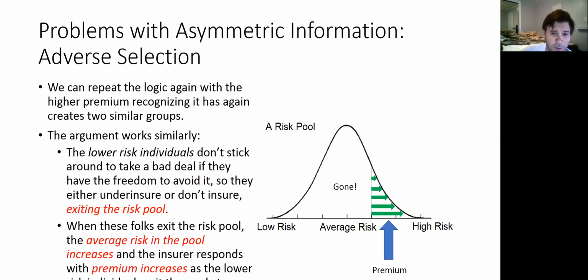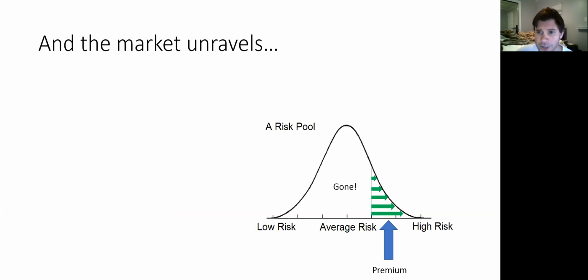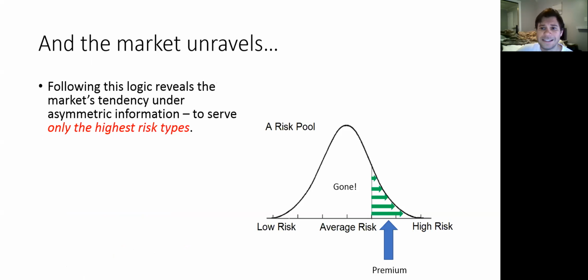There are fewer folks that are going to be insured. And the folks that remain are exactly the folks that the insurers do not really want to be insuring. They're the higher risk individuals, which are going to cost the insurers a lot more money to cover. So the logic that we've been using reveals the market's tendency under asymmetric information to really serve only the highest risk individuals.